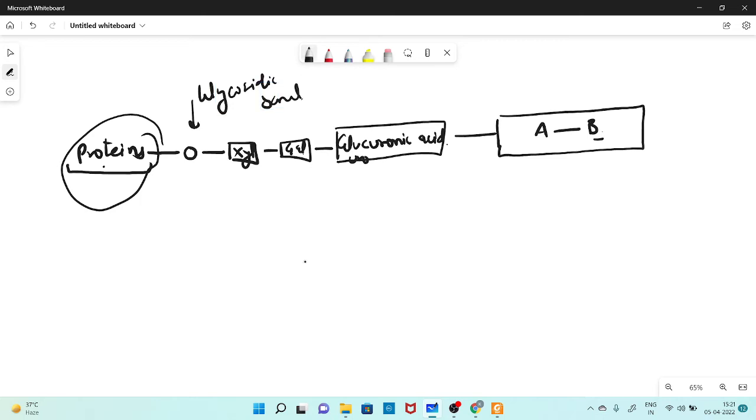And with a small oligosaccharide linkage. This type of structure, where proteins and sugar molecules are involved, is called proteoglycans.